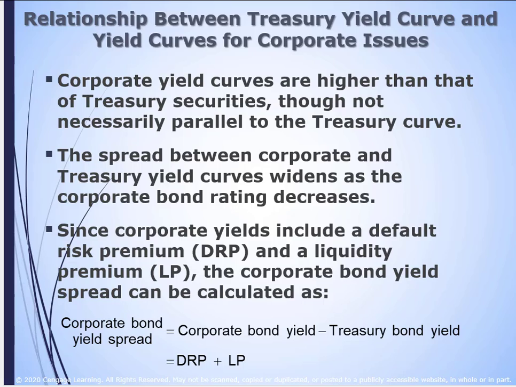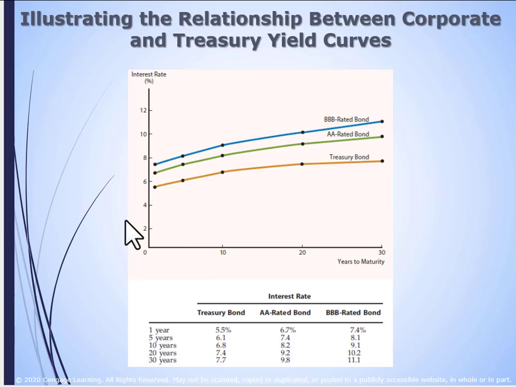Now, what's the relationship between Treasury yields and corporate yields? Well, the difference is those risk premiums, right? If we look at this graphically, they refer to this as the spread, by the way. It's just the difference between the curves. Here's the Treasury bond, and a double A rated bond has a higher rate of return over time.